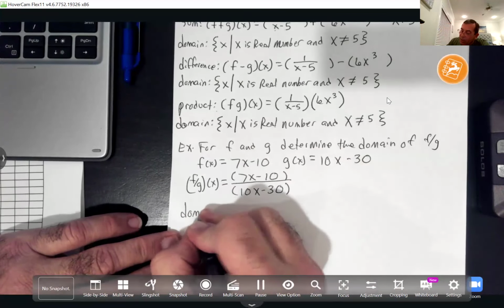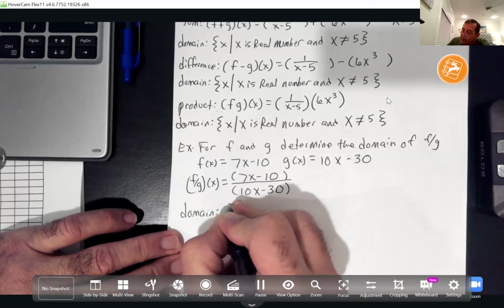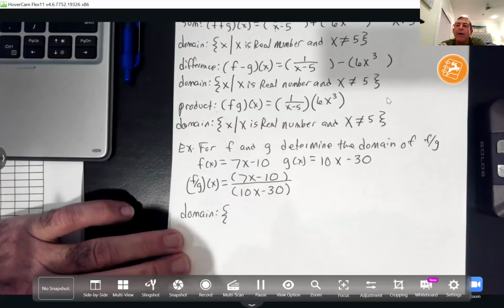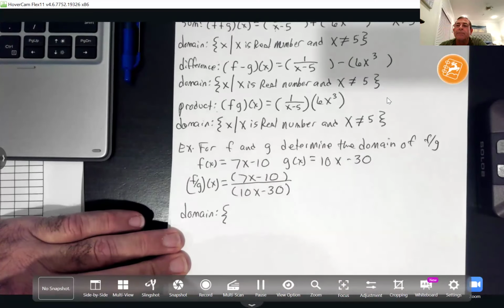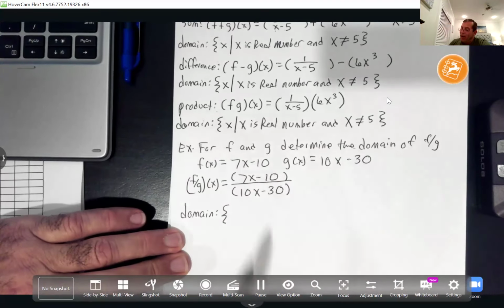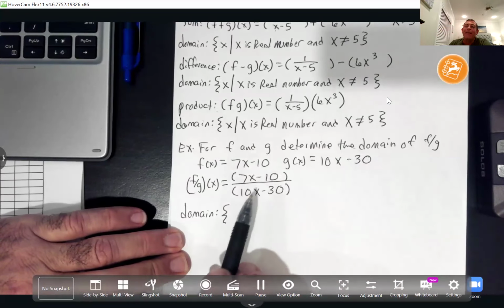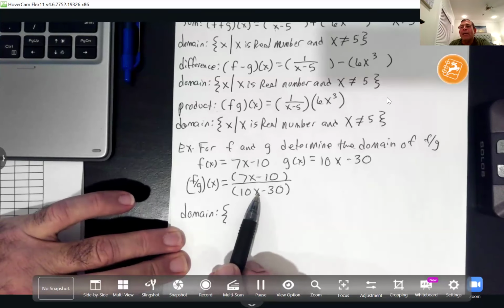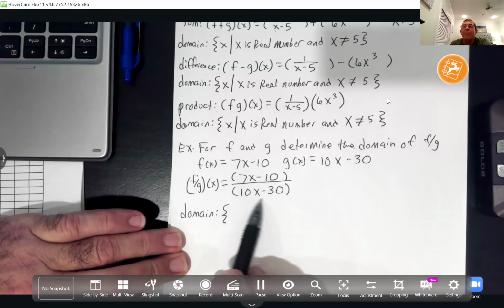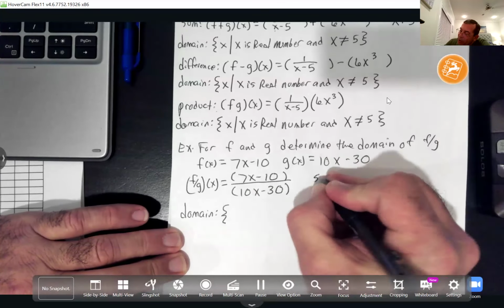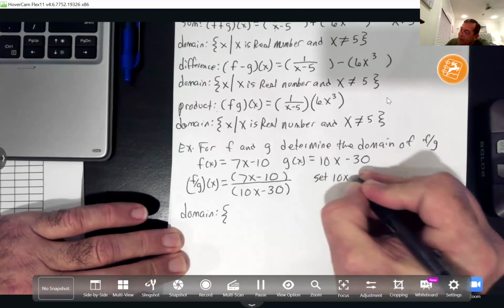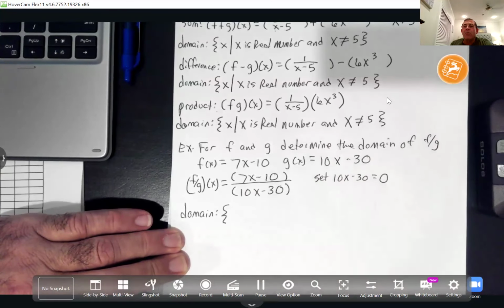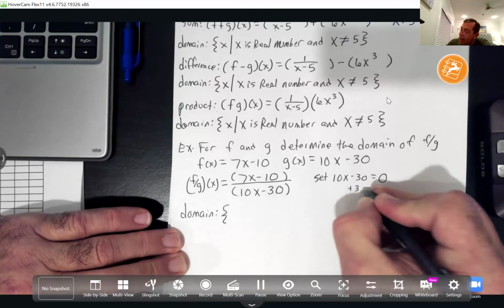So I want the domain. Is this domain all real numbers? No, good job, because we got a big fraction here. So what you got to do is solve that bottom and tell me what x value makes this equal 0. And y'all, that's when you was over here. Set that 10x minus 30 equal to 0 and solve that. Just like we did the other day. You're going to add 30.